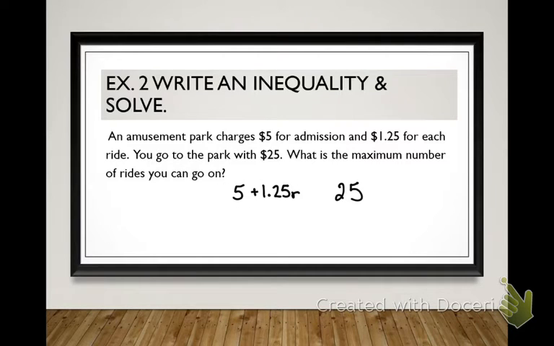You only have $25, so this combination of the money you spend has to be less than or equal to how much money you have, right? You can't spend more than you have. That would be called going in debt, and we don't want to do that.